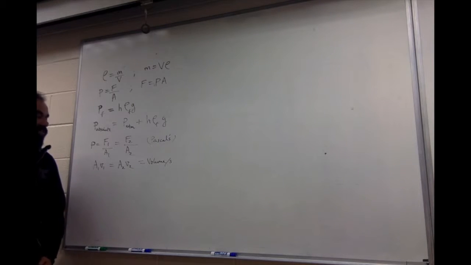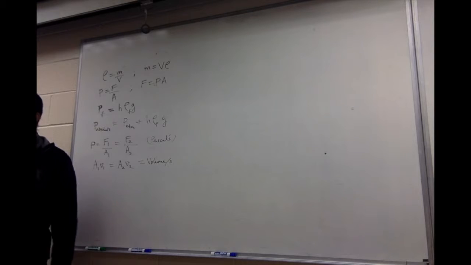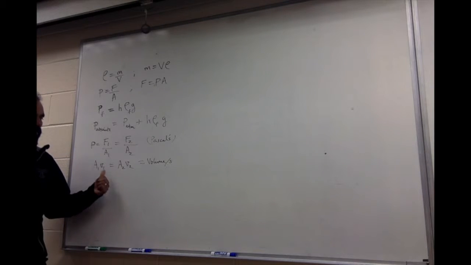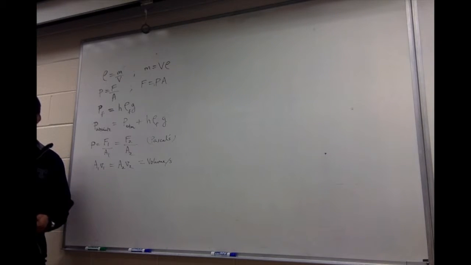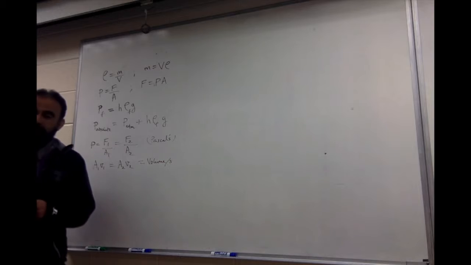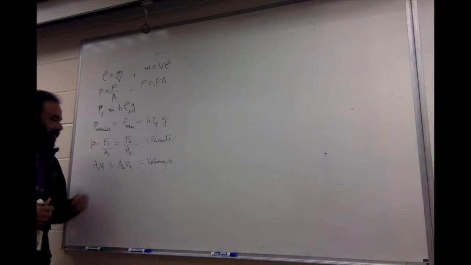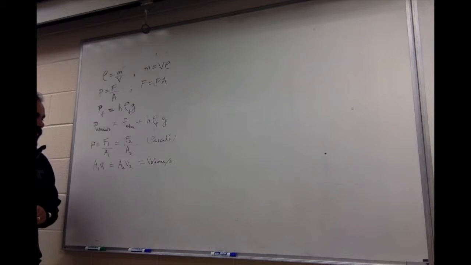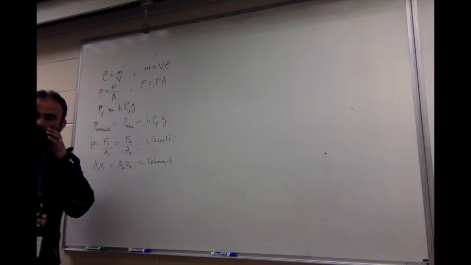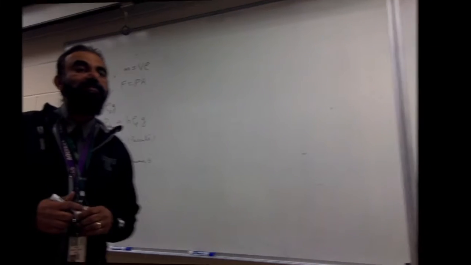But if the area is changed, then the speed changes accordingly. This is the equation of continuity, which is a requirement for Bernoulli's principle. That's why it is given earlier. So this is A1 V1 is A2 V2, which means if there is less area somewhere, the speed changes accordingly.